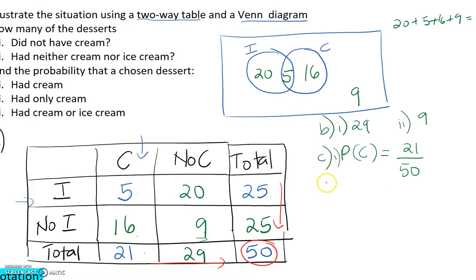Probability of only a cream. So not just cream, only cream. So that means you go to only cream, which was only 5. So no ice cream. They only had the cream.